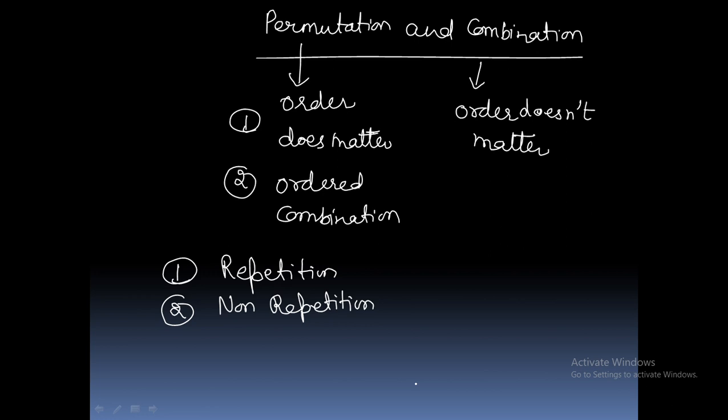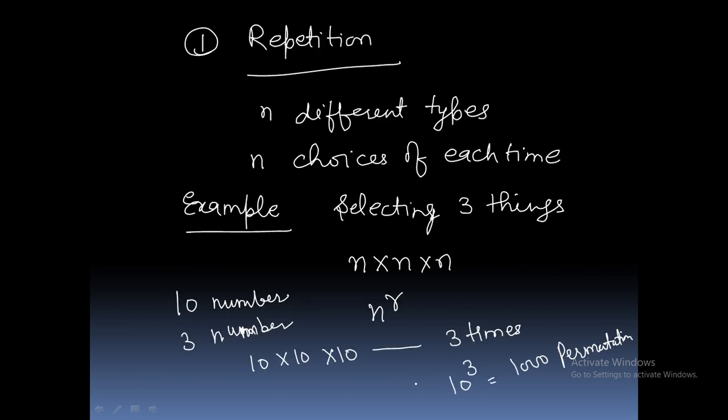In permutation, there are two types: permutation with repetition and permutation without repetition. In the case of repetition, for example, when a thing has n different types and we have n choices each time, then we find the result by multiplying n by the number of choices.